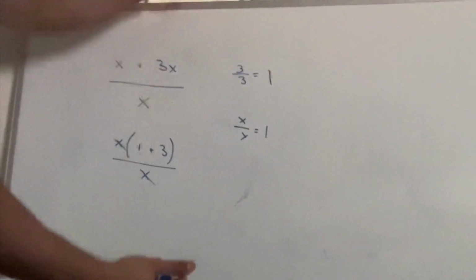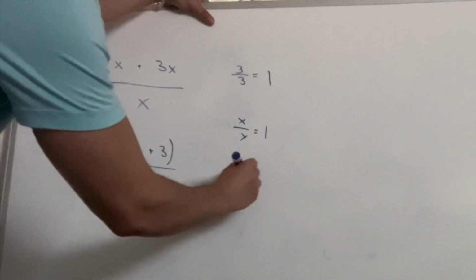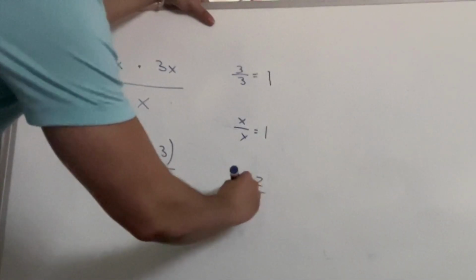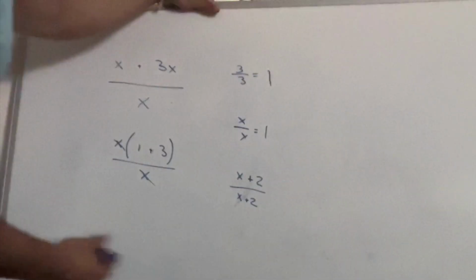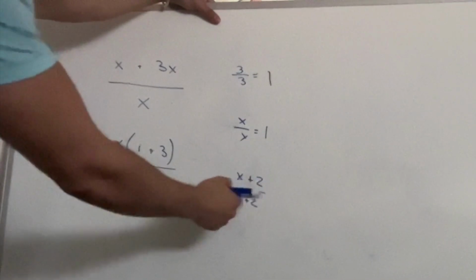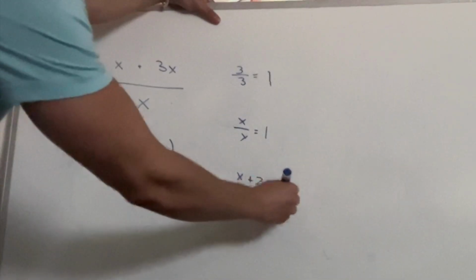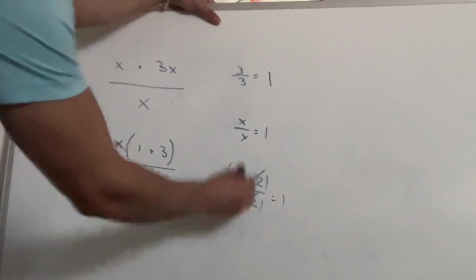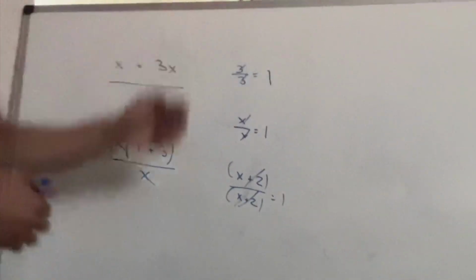If I had something complicated, like x plus 2 over x plus 2, well, guess what? They're the same thing, right? Anything I plug in for x, let's say 1, this is going to be 3 over 3, that's 1. So canceling out is just, it turns into a 1.